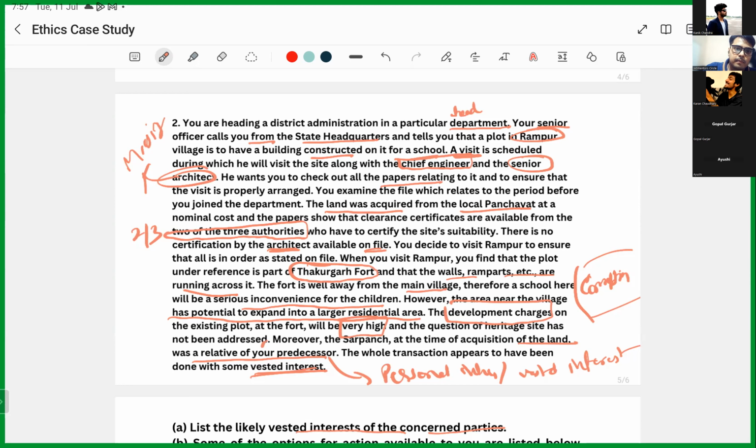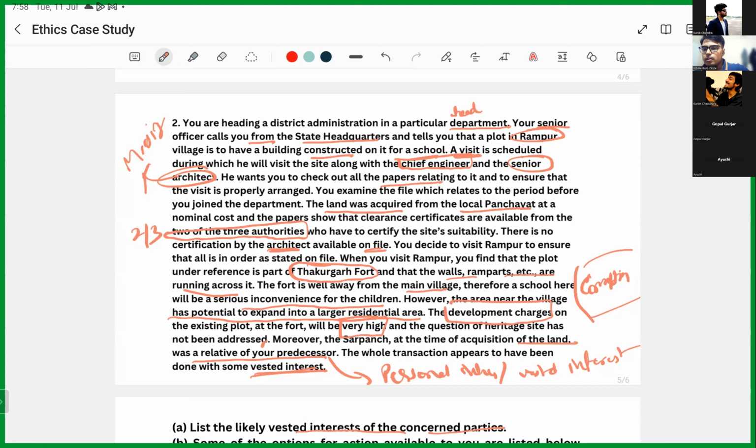Yes, Kanik. As the passage mentions, the residential area near Thakurgarh Fort will develop later, so maybe the panchayat, meaning the sarpanch, has a large area around there and hopes that if the school is built there, it benefits him. Don't go into the foreseeability. In this case, one line says the predecessor of the department head and the sarpanch at that time were relatives. Corruption, that is the first vested interest.